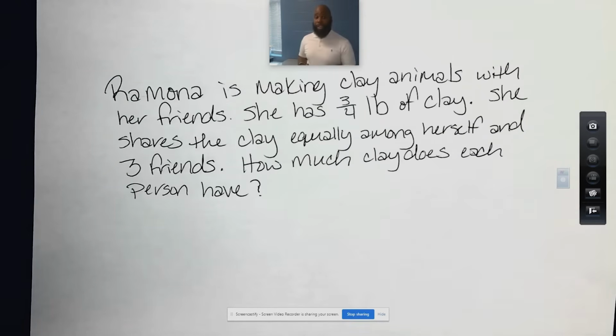So I'm gonna give you a minute to solve. While you're solving, dividing 3/4 pound of clay equally among several people is a division situation that involves fractions. As when you divide with whole numbers, it can be helpful to estimate a quotient before you divide. I want you to work on estimating while you're working through this problem.